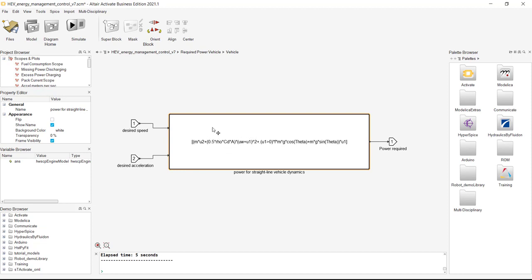And then in this second part here, I see the drag coefficient. A is the cross-sectional area of the front of the vehicle. UW is our wind velocity. So this makes up the calculation for the drag force. And then this third entry is the frictional calculation, the rolling friction.